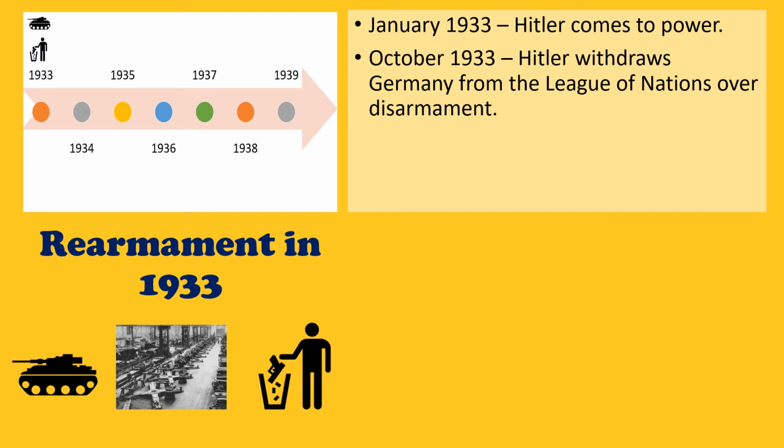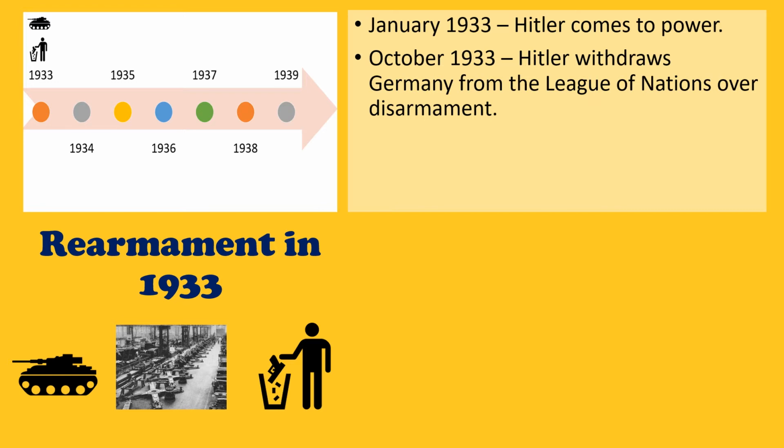It will not surprise us that Hitler strongly disagrees with the concept of disarmament, so he sees that being in the League of Nations is pointless to Germany, and he withdraws from it. Remember, Germany had really fought in the 1920s to be part of the League of Nations, and thanks to the work of Gustav Stresemann, they were invited to join in 1926.